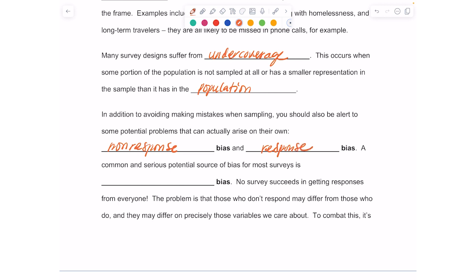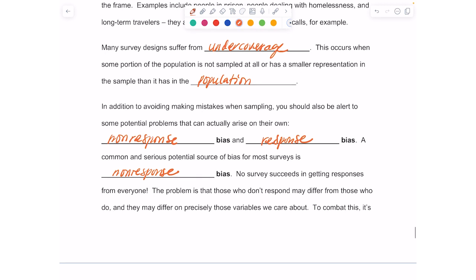A common and serious potential source of bias for most surveys is non-response bias. For various reasons, people don't get the survey or they just choose not to respond, right? No survey is ever going to succeed in getting responses from everyone. The problem is that those who don't respond may differ from those who do, and they may differ in precisely the variables that we actually care about.